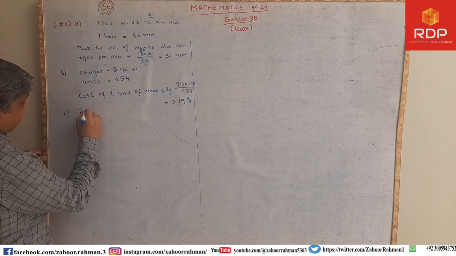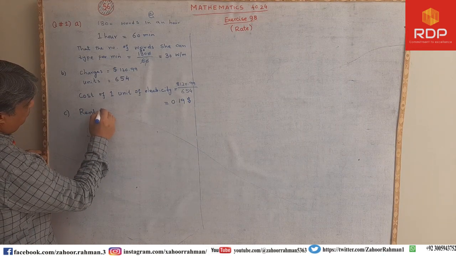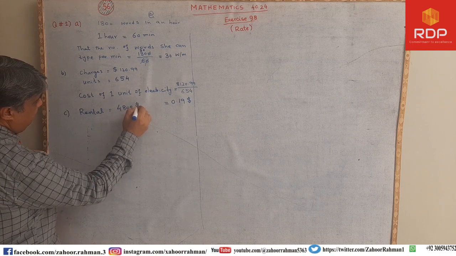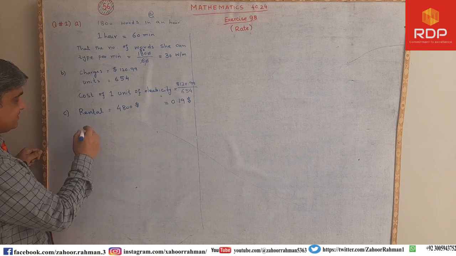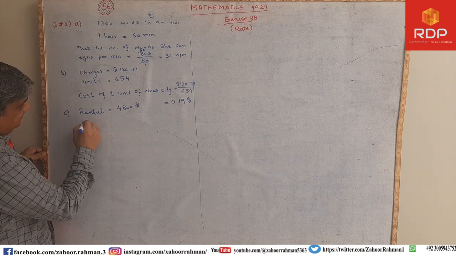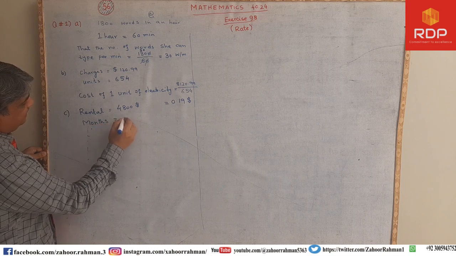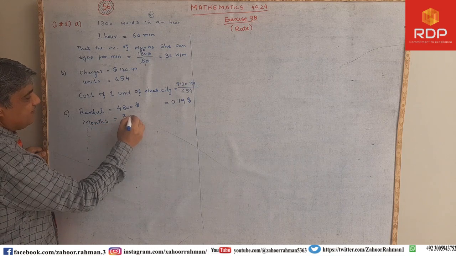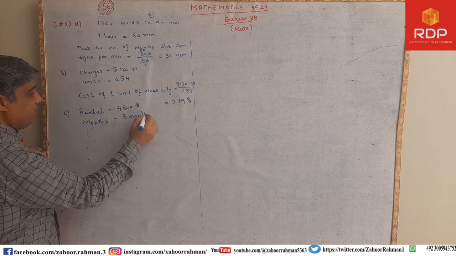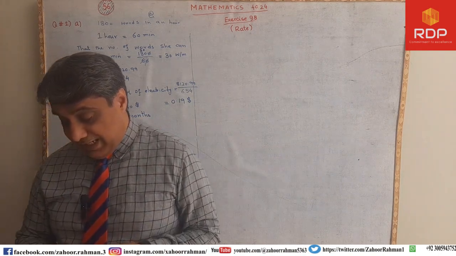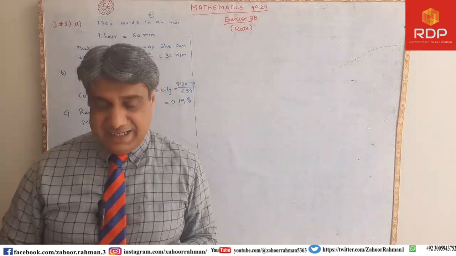Part C of this question says a man pays a total of $4,800 as rental for 3 months. So we have to find it for 1 month, the monthly rental.